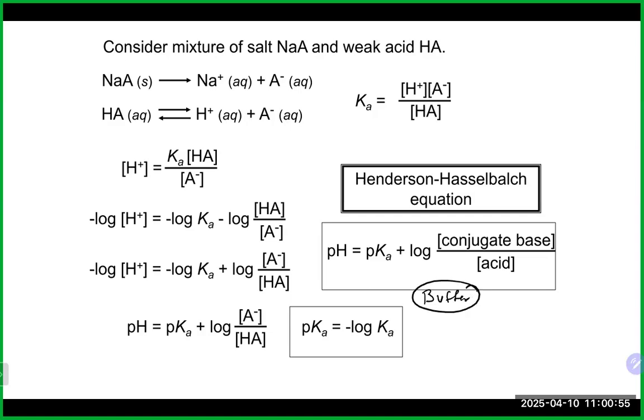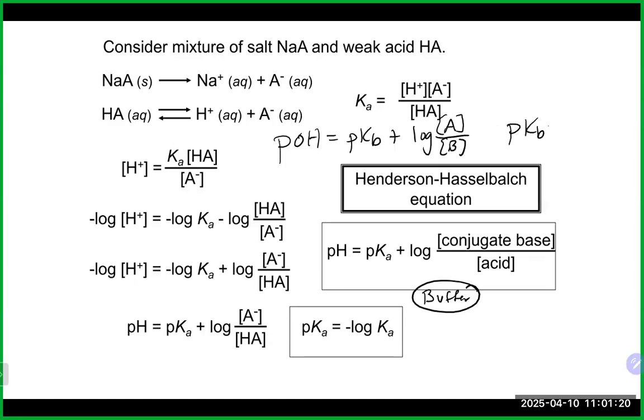This is pretty much your equation to use for buffers. Now, the Henderson-Hasselbalch equation can also be written for pOH, and you could have a pOH version of that, which is the pOH is equal to the pKb plus the log of the acid concentration over the base.